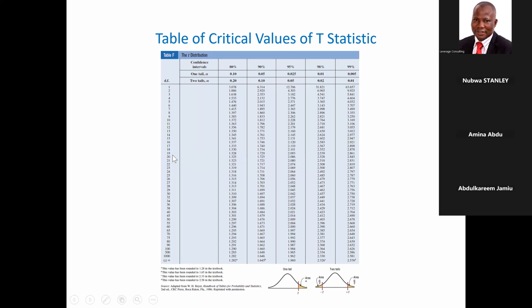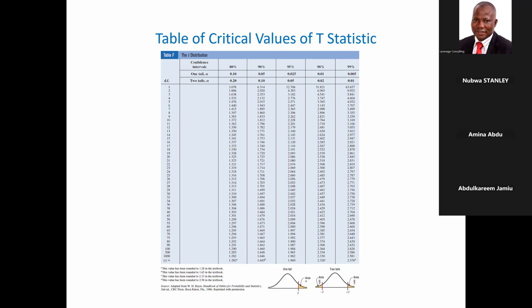It will be around 2.086. But what you have calculated is 2.3-something. It means the value you calculated is above the critical value, because that critical value corresponds with the 0.05 P value. Since your calculated value is higher than that critical value, your corresponding P value will be less than 0.05.